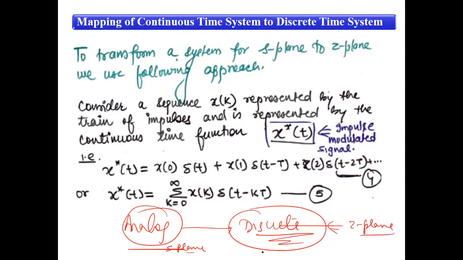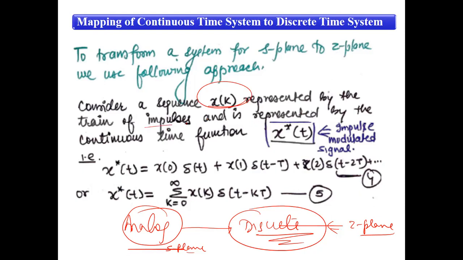So if we want to map an analog system in the S plane directly to the Z plane, to get the discrete equivalent of that analog system, we need to apply some method.